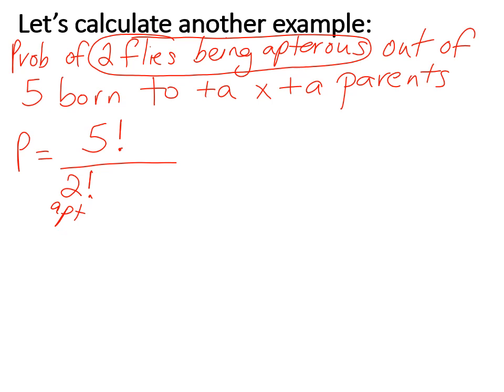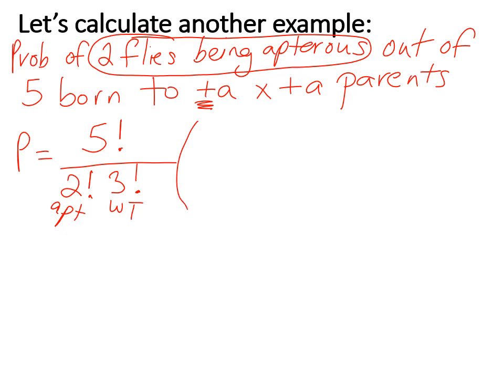If they're not apterous in this cross, what's the other option? Wild type, right? So if 2 are apterous, the remaining 3 out of 5 is what you want to be wild type. Now notice that the bottom numbers, 2 plus 3, have to equal the top number of 5. That way you know that you included all of the flies, all of the options that we're talking about.